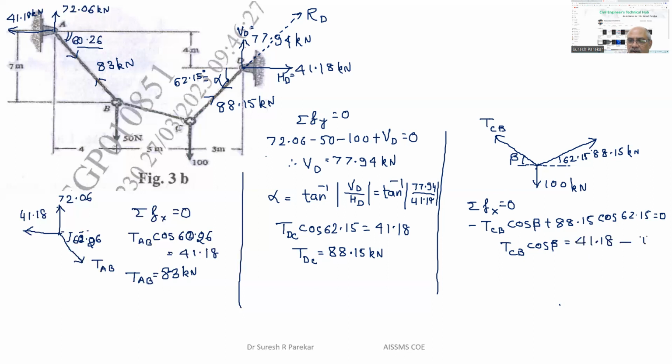This is equation 1. And second we will get Fy equal to 0, where we have TCB sin beta plus 88.15 sin 62.15 minus 100 equal to 0. And we will get from this TCB sin beta is equal to 22.06.